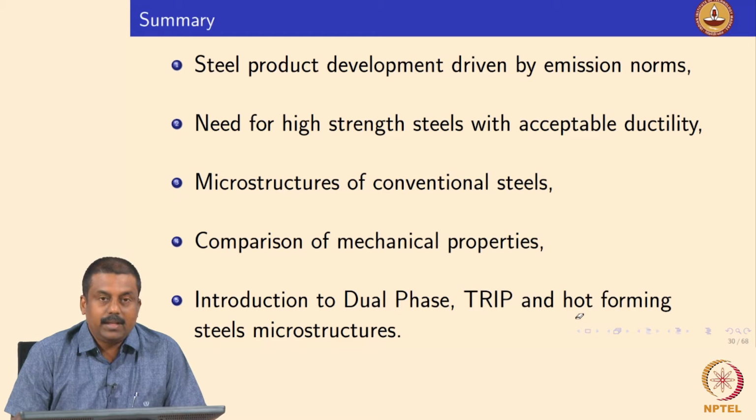This combination of strength and ductility is achieved by the multi-phase microstructures in TRIP steel and the ferritic martensitic microstructure in dual phase steels. Okay. So we also looked at the microstructures of dual phase and TRIP and hot forming steels. So what are the phases that are present in these steels?